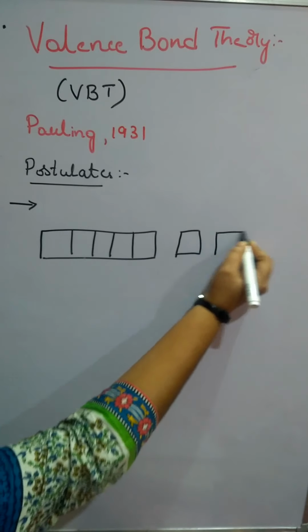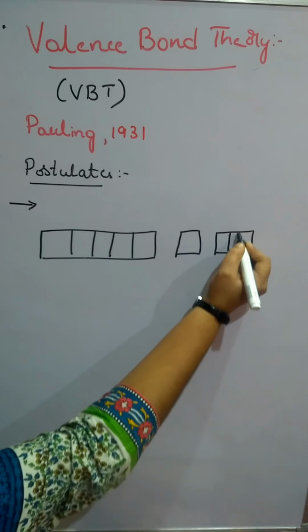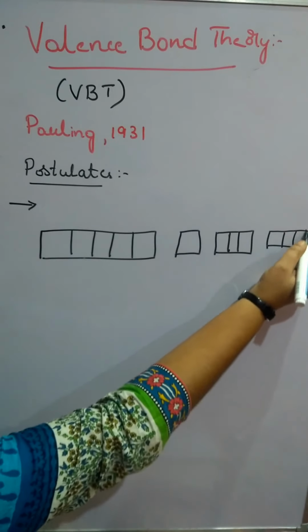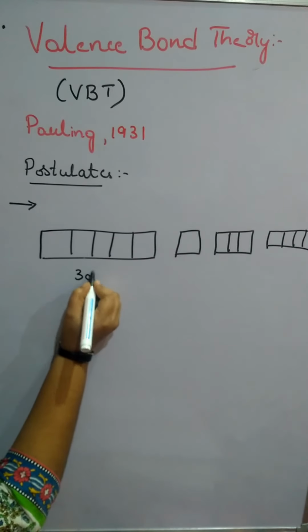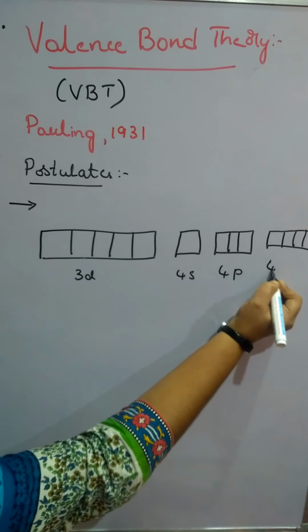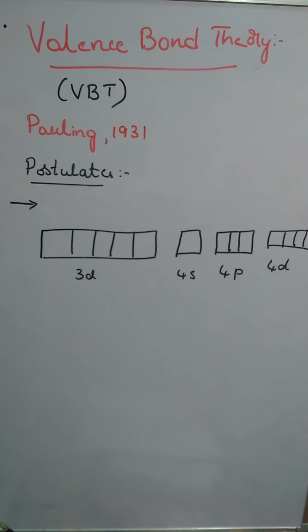When it comes to outer d orbitals, that is 4d. So this is 3d, 4s, 4p and 4d. The 3d orbitals are going to be involved, and in a few cases 4d orbitals will be involved.